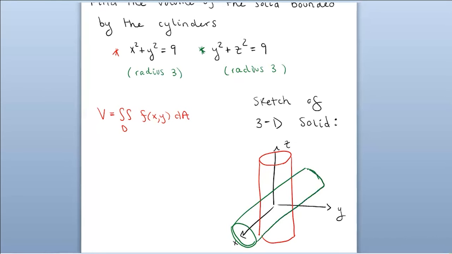And I want the solid that is enclosed by the two cylinders. So let's pick another color, blue. I'm going to have this cylinder cutting into my other cylinder, and I end up with this general region D.